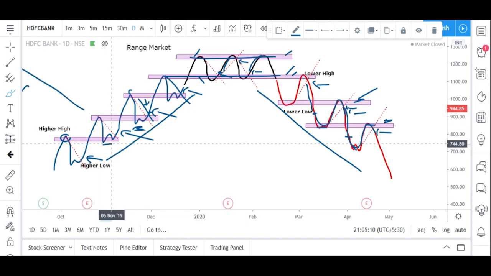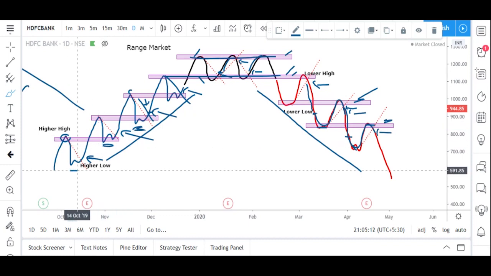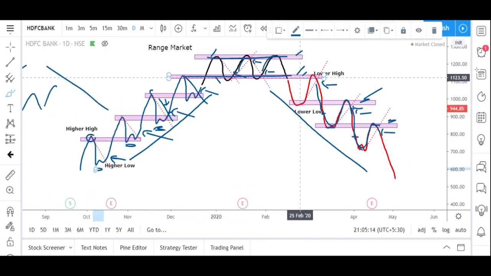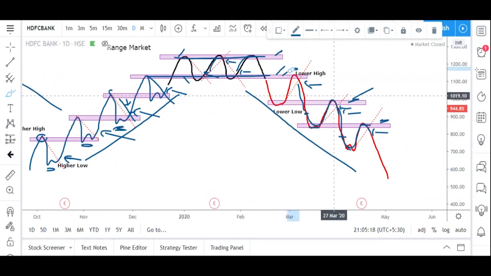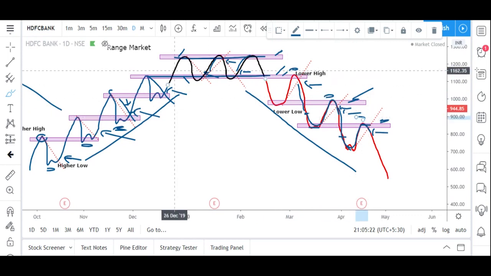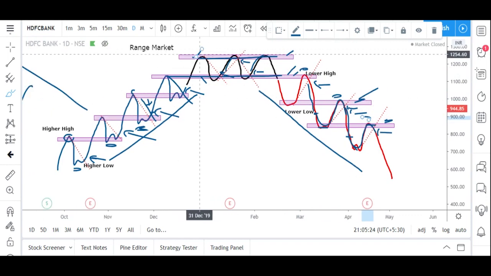And as I told you guys, we will be keeping our stop loss below in this region, somewhere this region. In downtrend our stop loss will be somewhere in this region. And for range market or sideways market, if you have entered a buy position, your stop loss will be here.